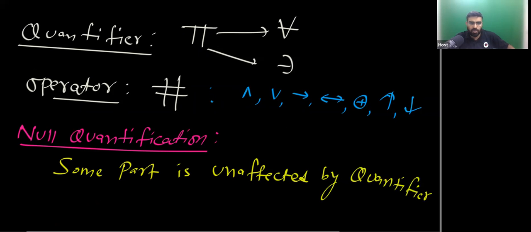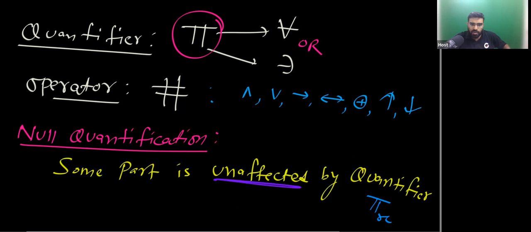Or how can I rewrite the same statement by the quantifier pi x? This pi either can be for all, or there exists. Now I am saying that some part is completely unaffected by this quantifier.